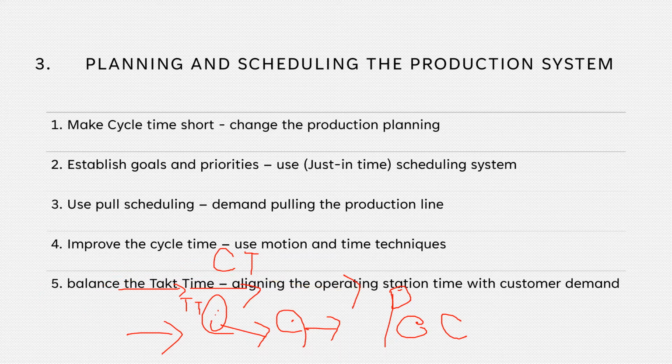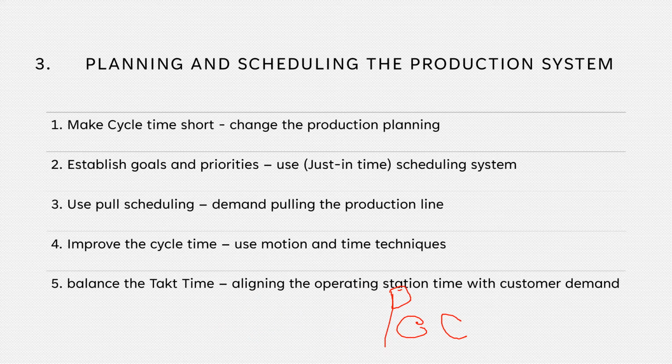So right now, cycle time, takt time, goals, priorities, objectives, and techniques are important for planning and scheduling the production system. If you get it, I'm quite happy. All right, let's do the next one.